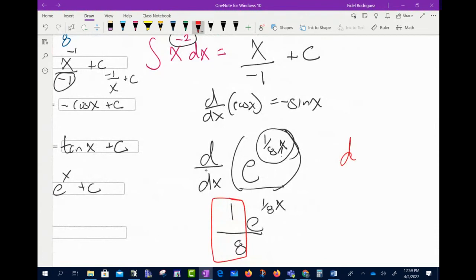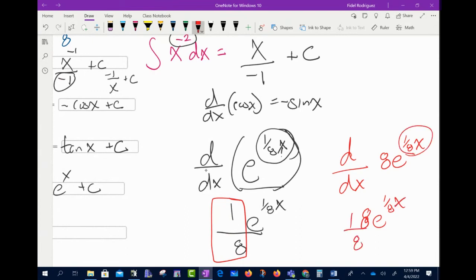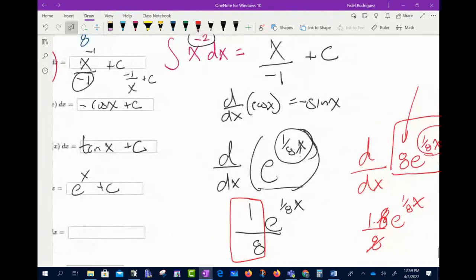Now what we're going to do is we're going to say, look, if I had the derivative of 8 e to the 1/8 x, I would have 8 e to the 1/8 x, and then the derivative of my angle would have been a 1/8, and then those 8s would have canceled, right? Does that make sense? So what do I need to put in front of my answer? The 8.